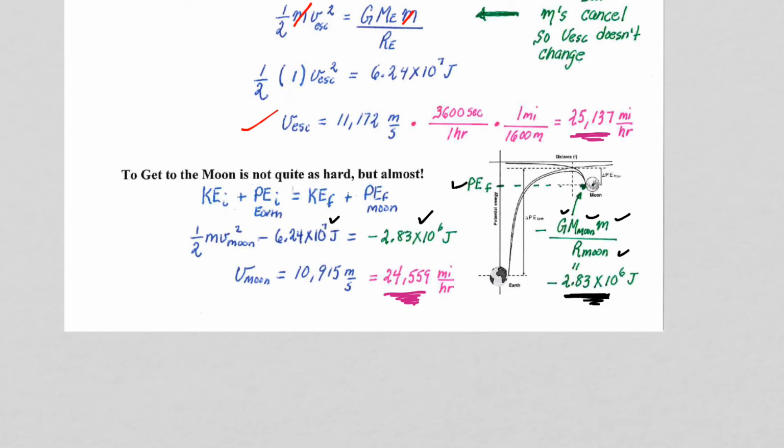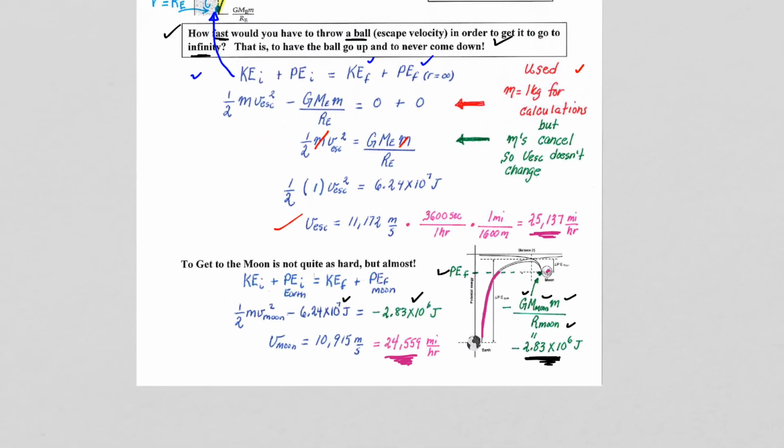So really, most of the reason you need that high speed is because it's hard to get away from the surface of the Earth initially. The further you get, the easier it is to get further away. So even though the moon is not nearly at infinity, you still have to achieve an extremely high speed in order to get to the moon based on this simplified type of calculation that we are doing.